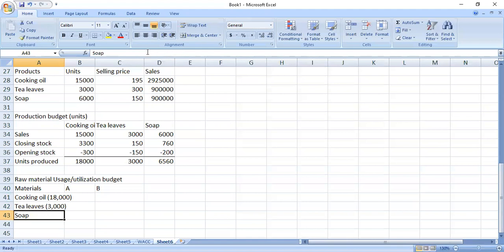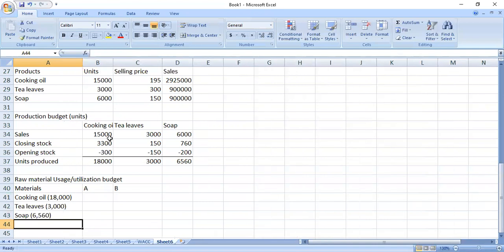Then for soap, we are producing 6,560. So you're asking yourself, how many units of each raw material are you going to use? And the information will always be given. So you can go and check on the information.